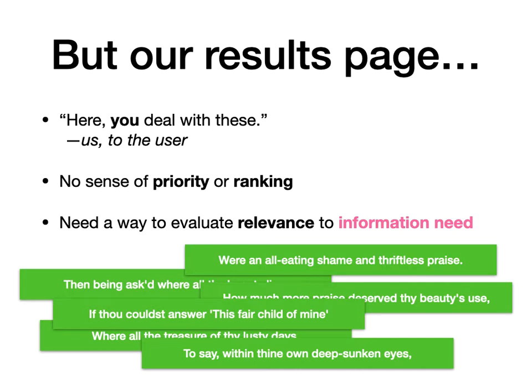So what we need is a way to take these documents and evaluate their relevance to the information need. Ultimately, which one of these is my user actually going to want?